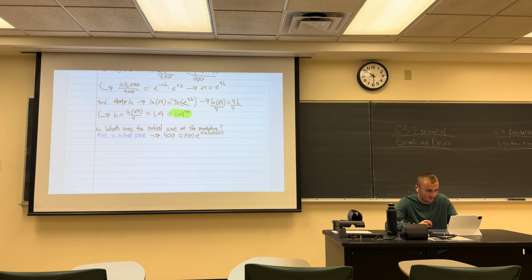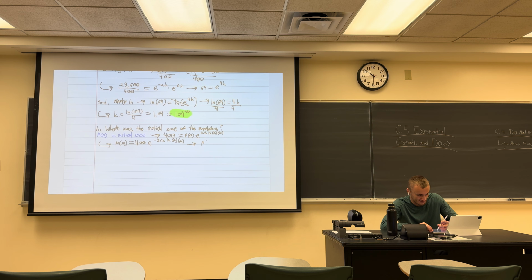Now we're just solving for p of 0. So p of 0 equals 400 e to the negative 3 halves ln of 2 times 2.